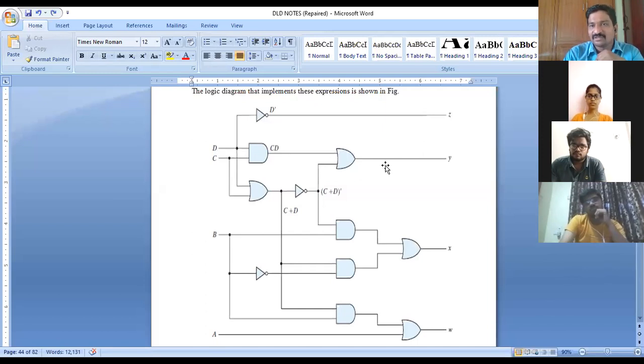So 0 plus 1, you will get a 1. So this Y equals 1, right? So that is an Excess-3 code, right? And similarly Z also will get 1. So you apply all zeros, definitely you will get X equal to 0. Here W also will be equal to 0. So this is what we constructed, a combinational circuit. It's a simple one.